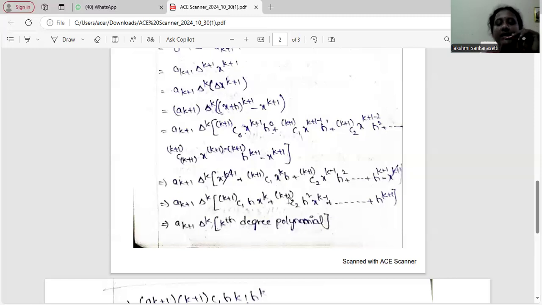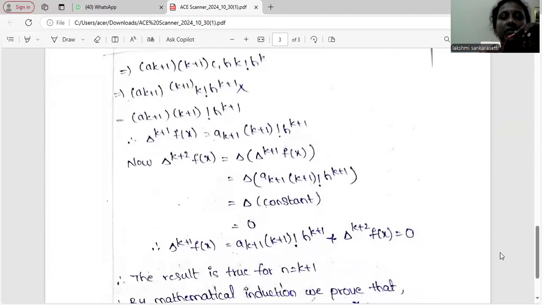So in this bracket, we consider the reduction will be as a kth degree polynomial in x. For kth degree polynomial in x, we have already supposed in the induction step, the kth degree polynomial is a constant. So here we are writing ak plus 1 into delta power k of kth degree polynomial in this bracket.